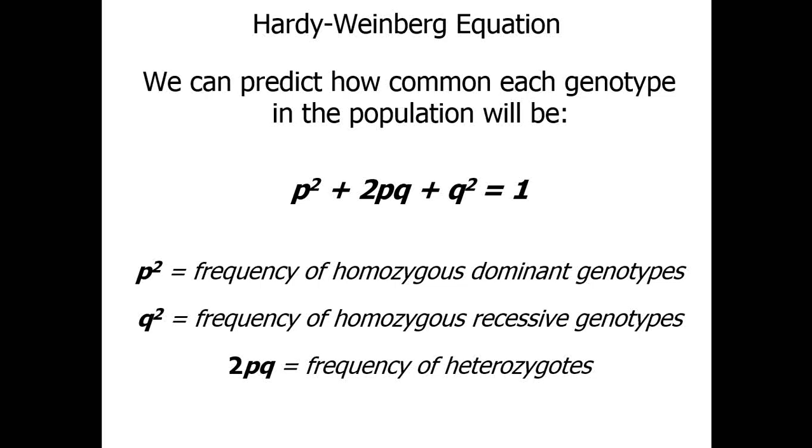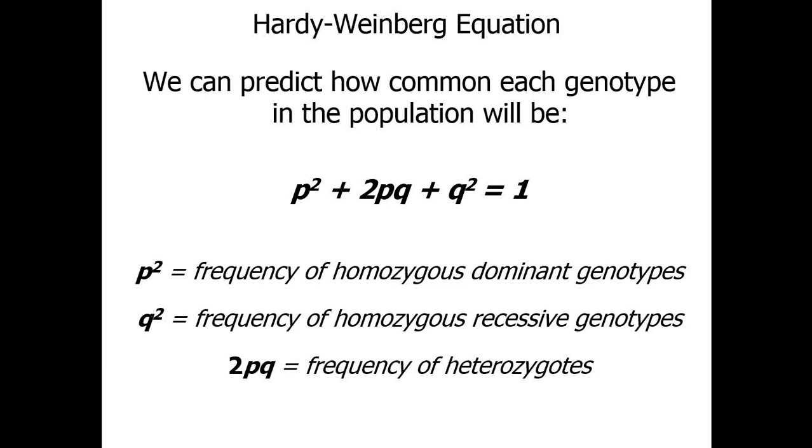So you can expand this equation out a little bit, and you can actually use this to map genotypes as well. You can predict how common a genotype is using the expanded equation P squared plus 2PQ plus Q squared equals 1. I know that looks like a lot of math, but it's not really.